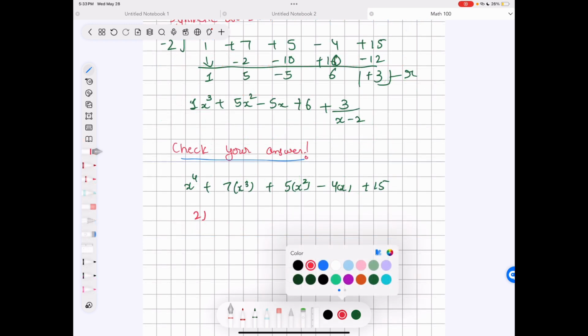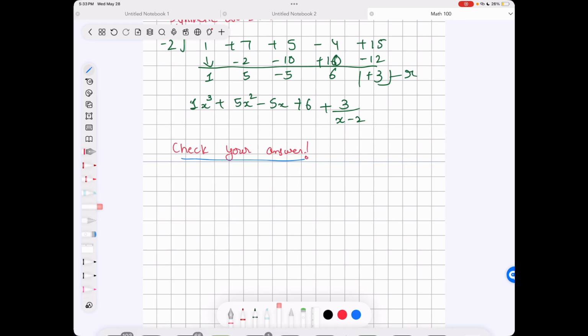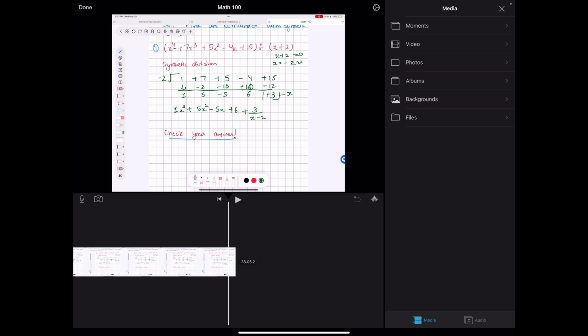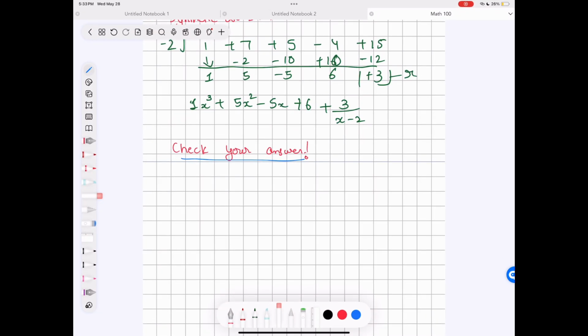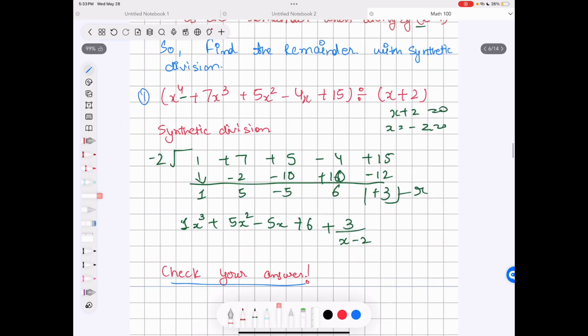Now we are gonna check our answer now. So the main point of the remainder theorem, what this theorem is trying to tell us, is that if we put the x value into x, we set it to x is equal to minus 2.